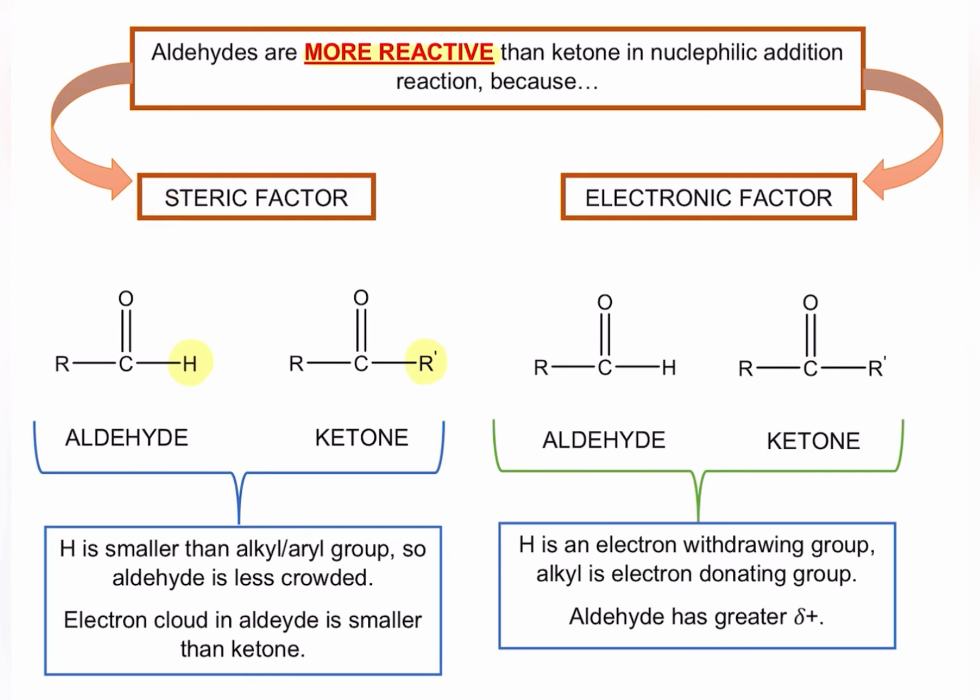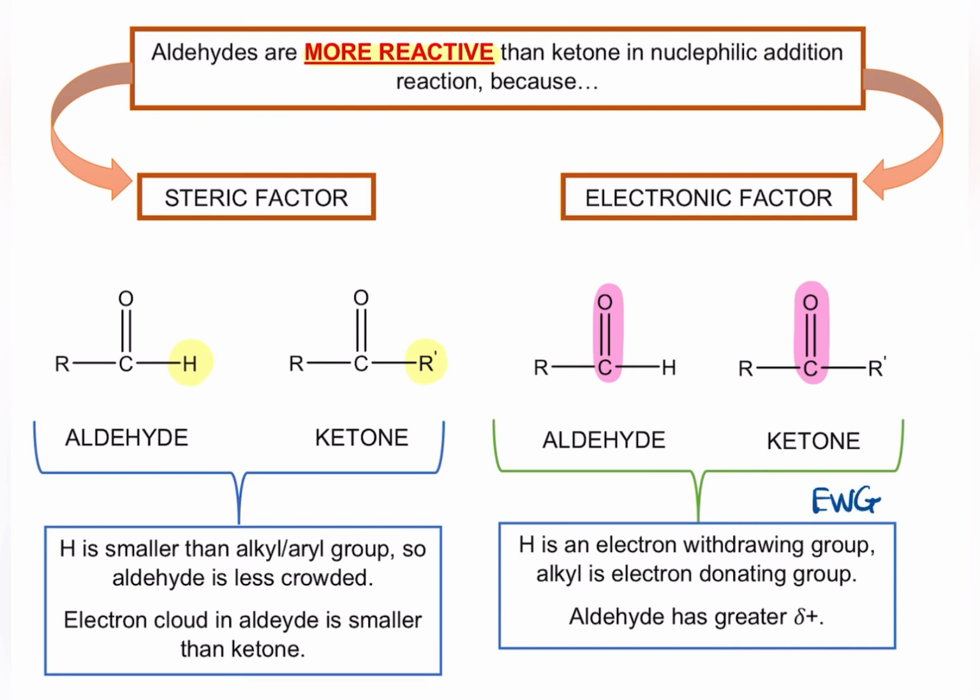Now we go to the electronic factor, or electronic effect. As you see here, both aldehydes and ketones have the carbonyl group, the one that I highlight in purple. I'm going to introduce two terms. The first one is electron withdrawing group, the short form is EWG.